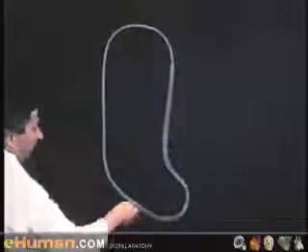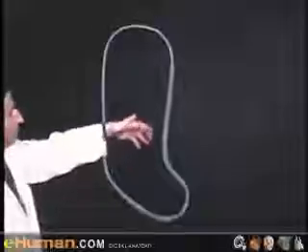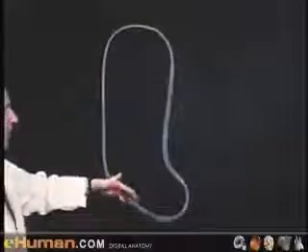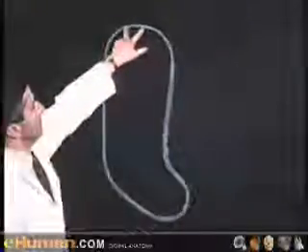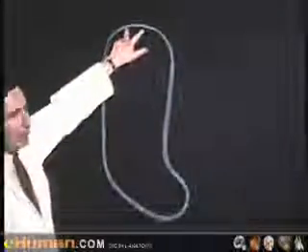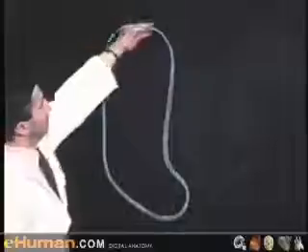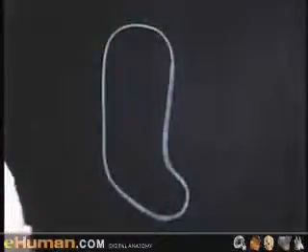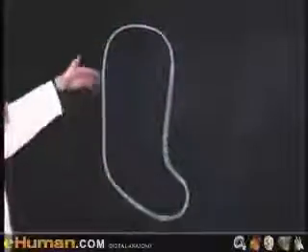Now I think it's interesting to consider the nerve supply to this peritoneal cavity. This is the parietal peritoneum. On the undersurface of the center of the diaphragm, it will be supplied by the phrenic nerve. At the periphery of the diaphragm, it will be supplied by the lower 6 thoracic nerves.